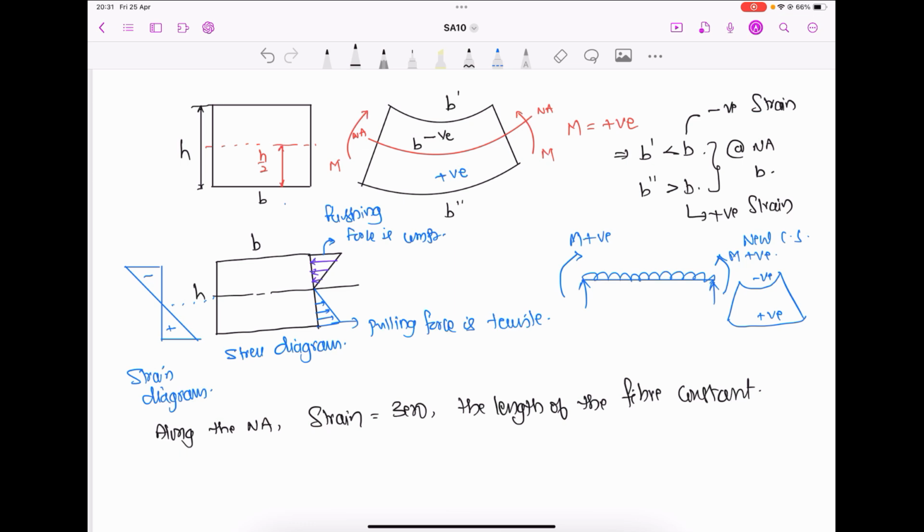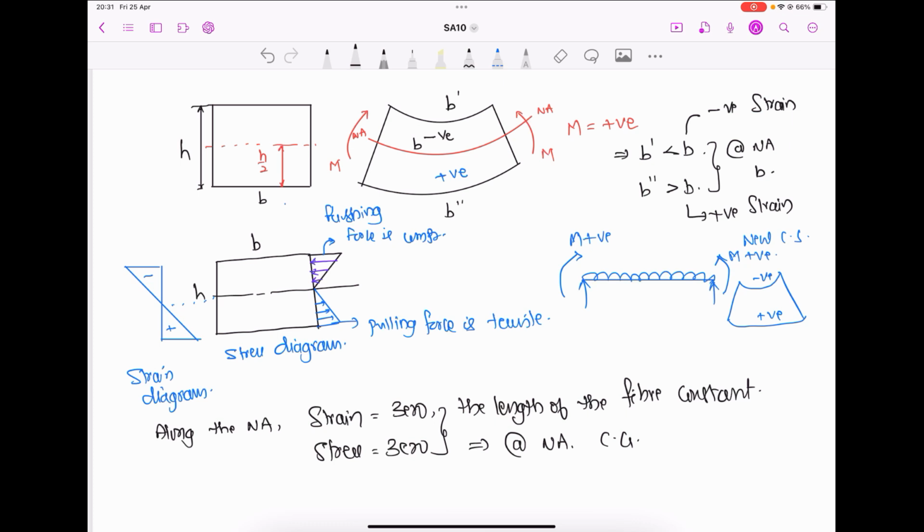There is no change in the length for this type of loading, and stress is also 0. This is at neutral axis, center of gravity. This is the importance of finding the center of gravity of a particular beam. Then we will come to know the compressive stresses, compressive strains, tensile stresses and tensile strains.